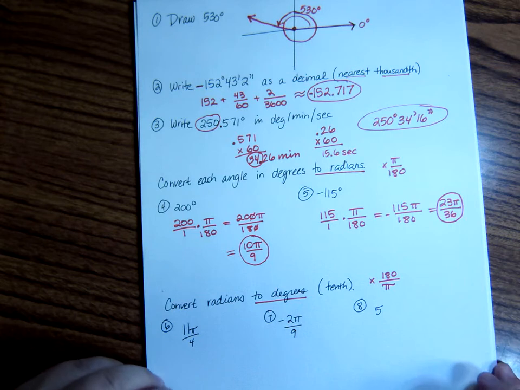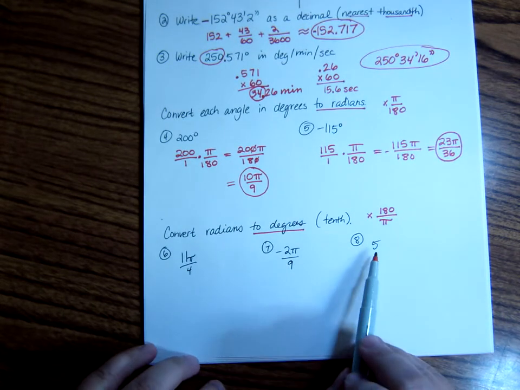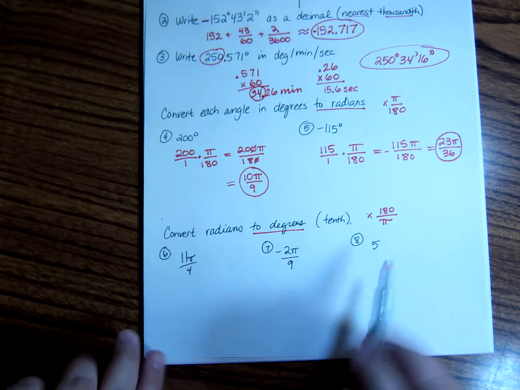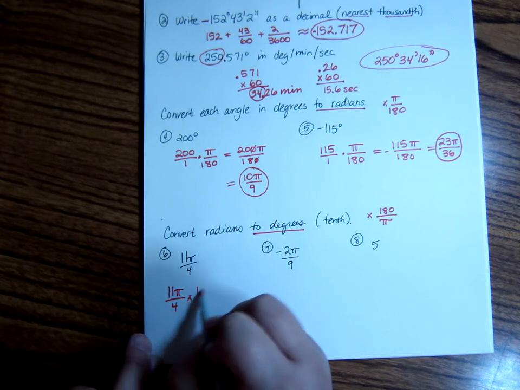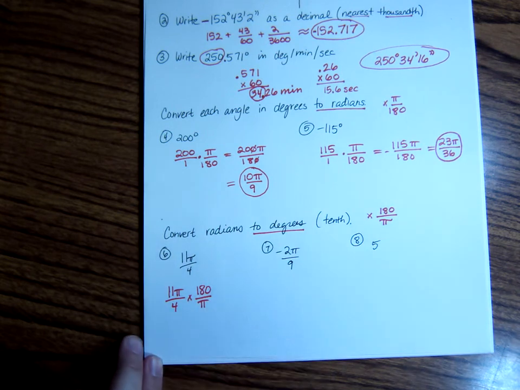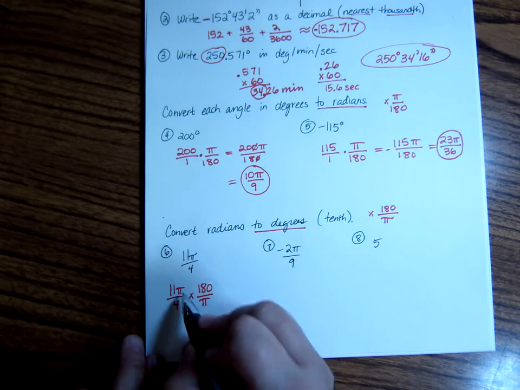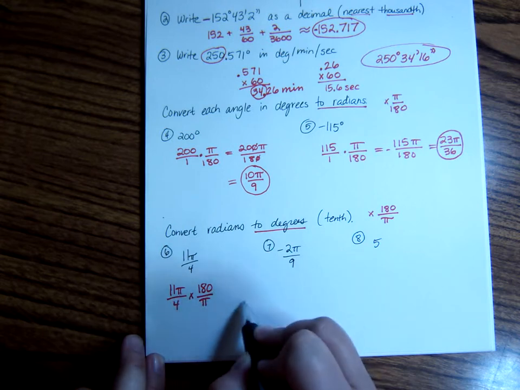Okay, now these 3 are to degrees. I think we just did this one on the last sheet, so I won't do that one again. But because we're trying to get it in degrees, we multiply by 180 on top of pi. And the nice thing about that is those pi's are going to cancel. I can cross cancel them or I could wait until I have them on top of each other and then cancel them.